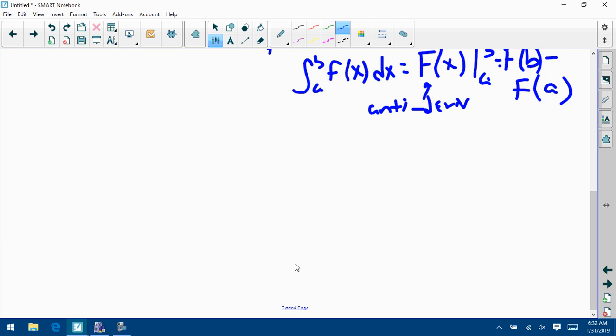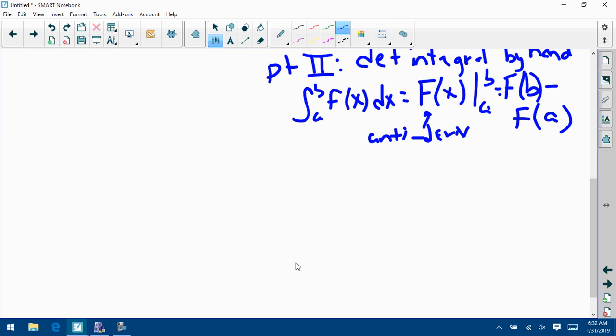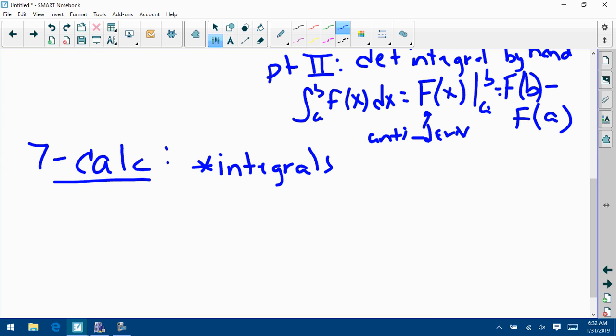On the calculator portion, you're going to have 7 calculator multiple choice also. There'll still be some integrals. Some of those you can just plug right into your calculator, but there also could be some ones with variables in it that you've got to do some thinking with that your calculator might not help you with. And this is where I'm going to put stuff about area between two curves. That's what we did earlier this week.